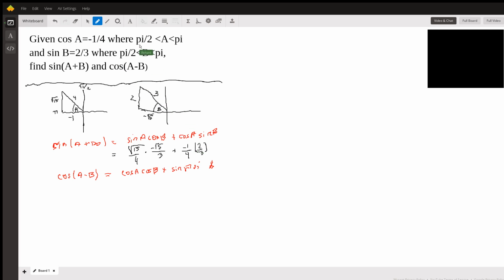There we go. So cosine A, cosine B, plus sine A, sine B.